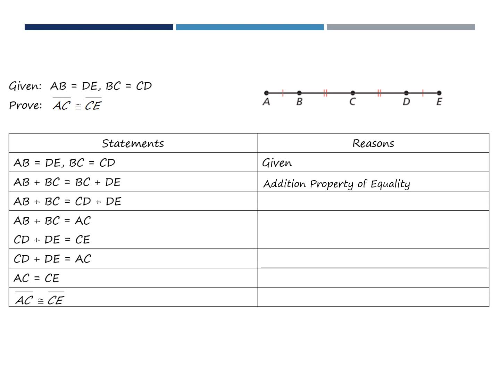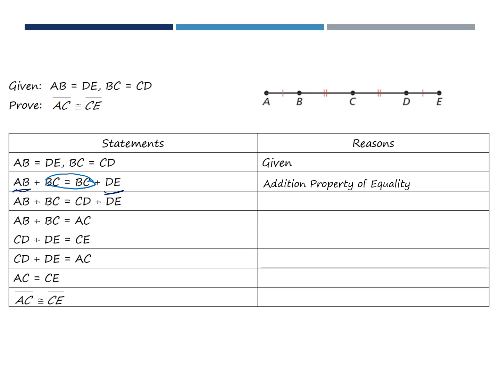So I'm going to not split my givens this time. And what I want you to notice is that I've taken the statement AB plus DE and I've added BC to both sides. So that is the addition property of equality.